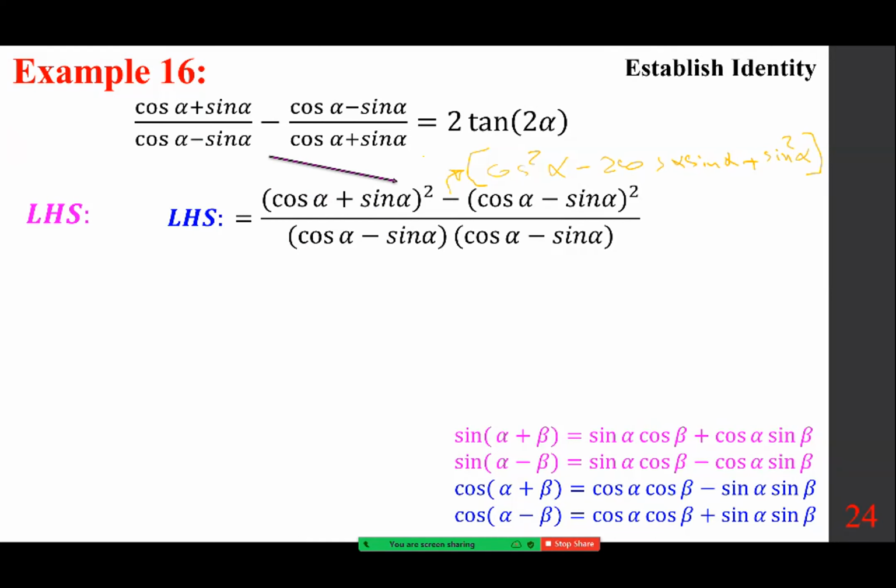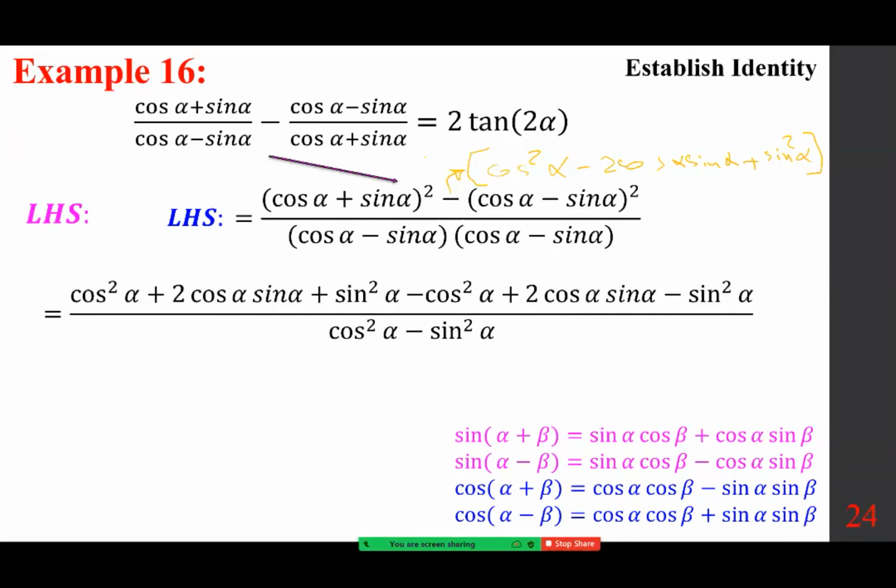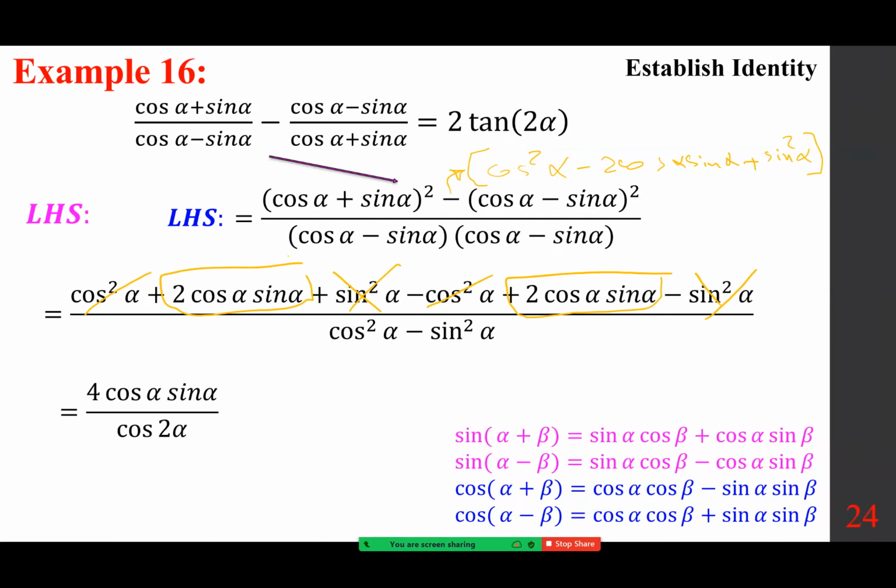So this is the left-hand side. We're going to distribute the negative sign, so we get minus cosine squared alpha plus 2 cosine alpha sine alpha minus sine squared. So therefore, we can drop this one and this one. We can drop these two, and we can add these two to make 4 cosine alpha sine alpha. And the denominator is cosine of 2 alpha.